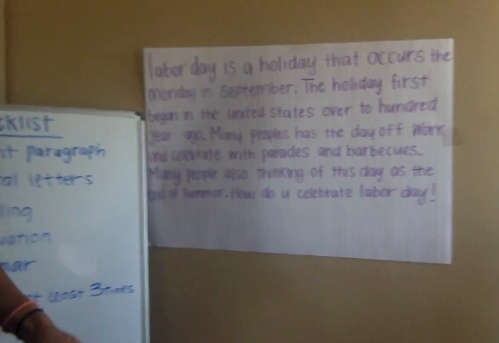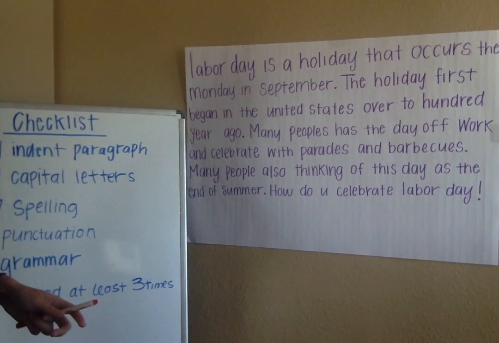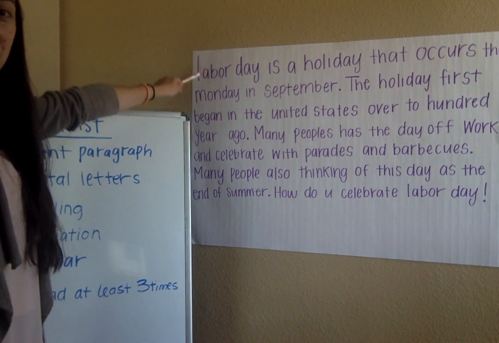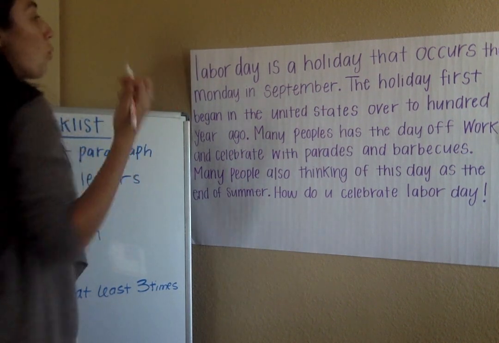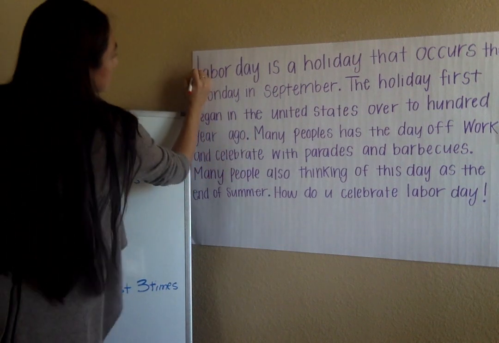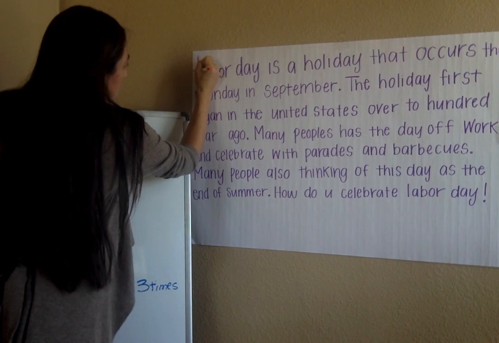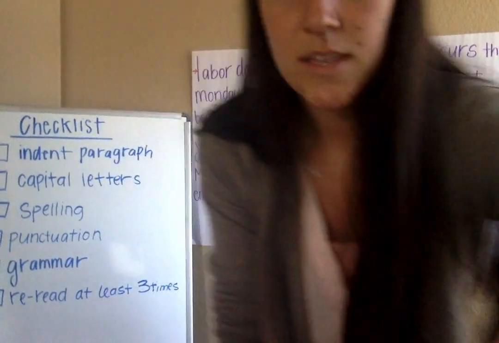Okay, so to start, we need to make sure that our paragraph is indented. I do not see this as being indented. It starts right at the edge of my paper, so that is not correct. When you're editing it, I would just use maybe an arrow to remind yourself that you need to move this in. Oh, see, that's when you can't see it.